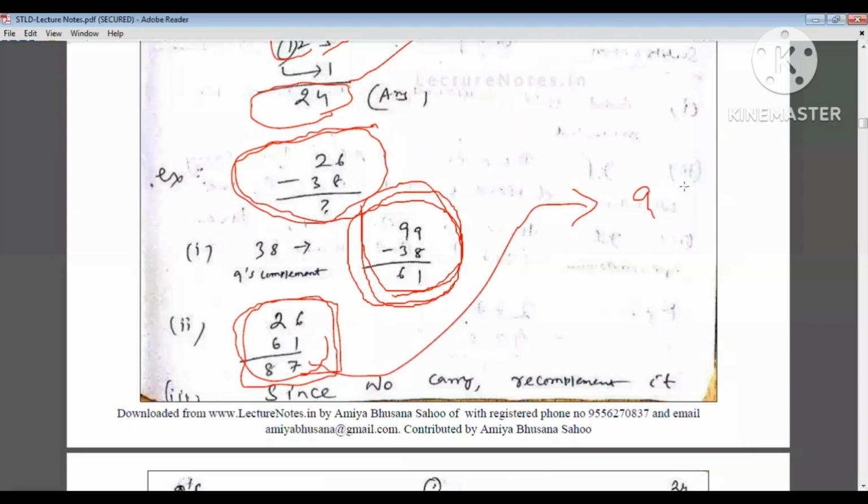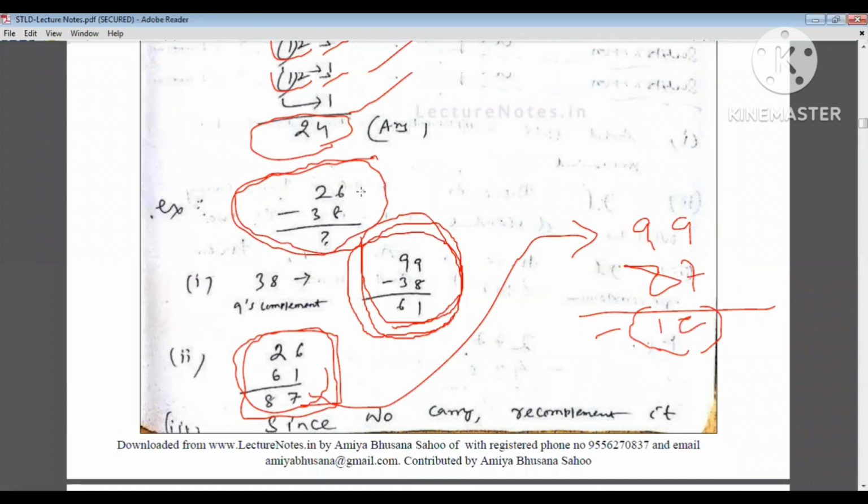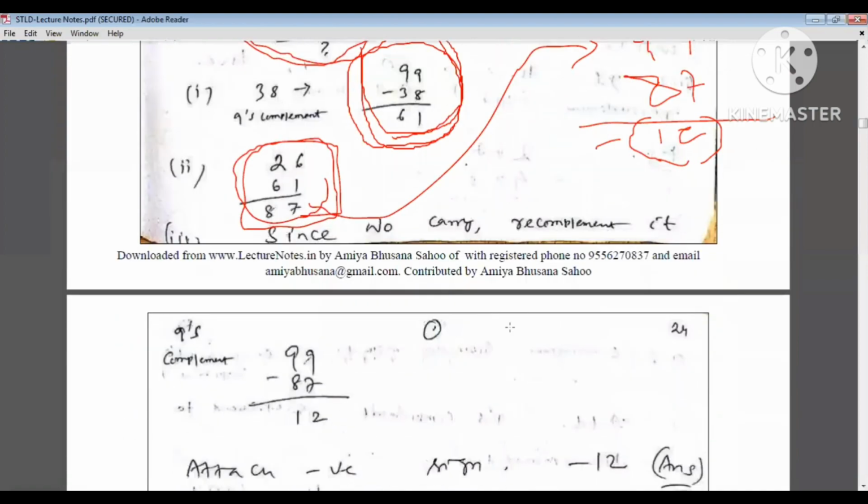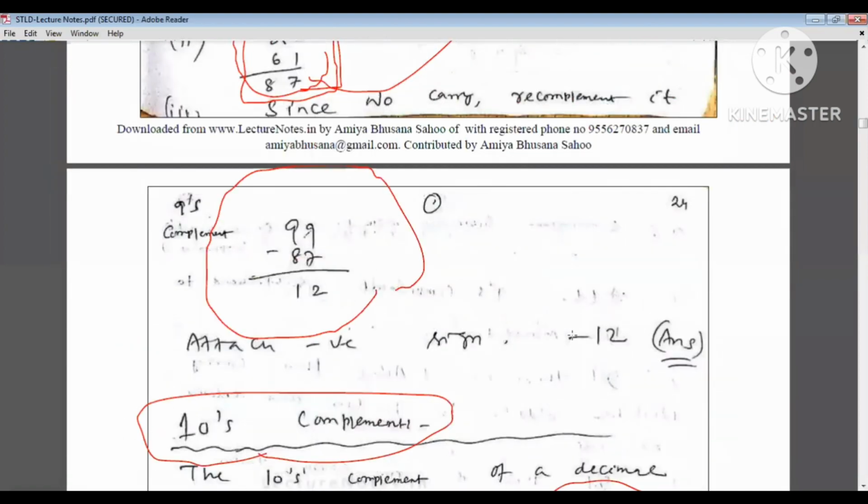So 99 minus 87, कितना आया? 99 minus 87 is how much? 12. उसके साथ अटैच नेगेटिव साइन, तो यही तो था हमारा. 26 minus 38 कितना आएगा? -12. Getting? अटैच नेगेटिव साइन.